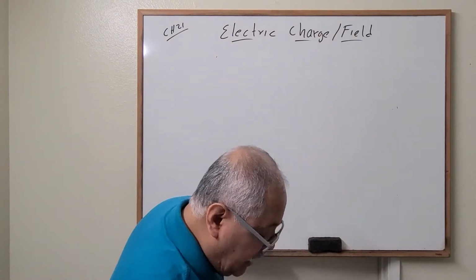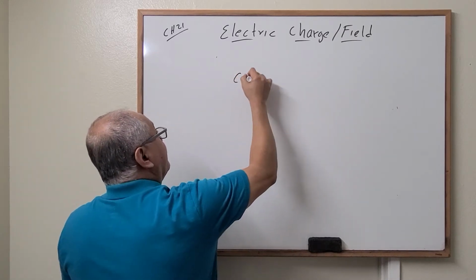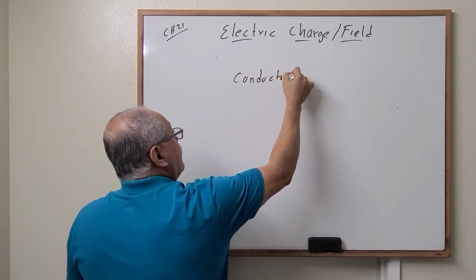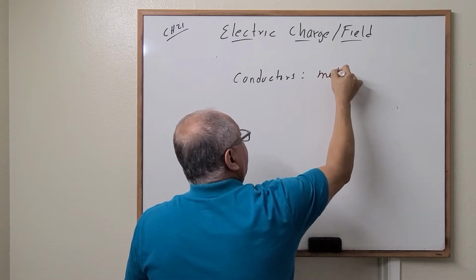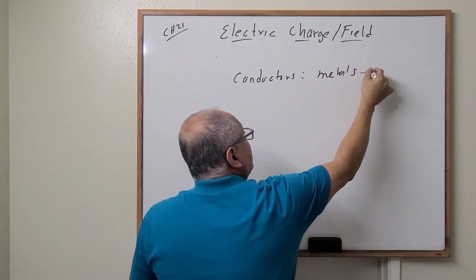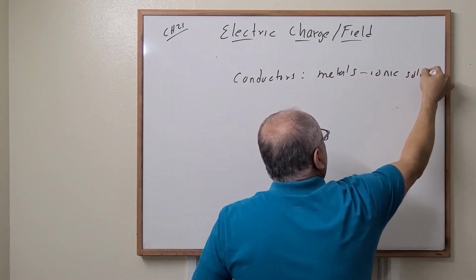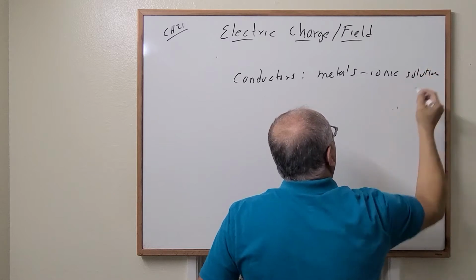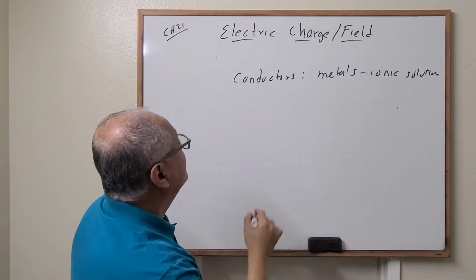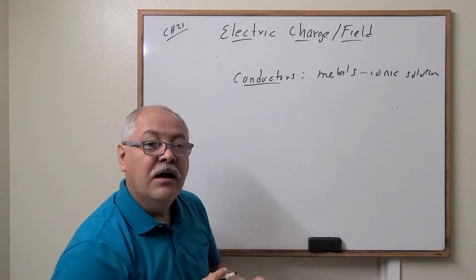So we have the conductors. We have mainly metals and ionic solutions. Okay, perfect.